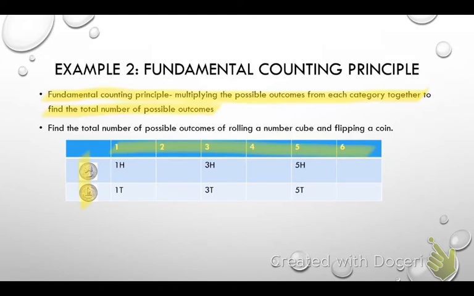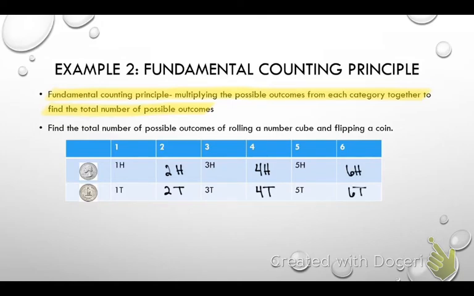So it's either 1 heads or 1 tails. So what do you think 2 is going to be? 2 heads and 2 tails. And then 3, 4, 5, and 6 are the same thing. All right, so we're just going to kind of finish filling in the chart. Okay, 6 heads and 6 tails.